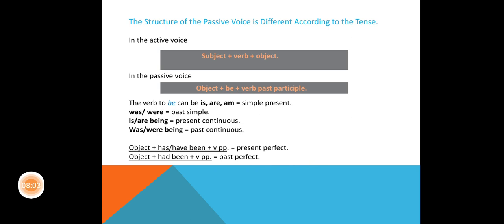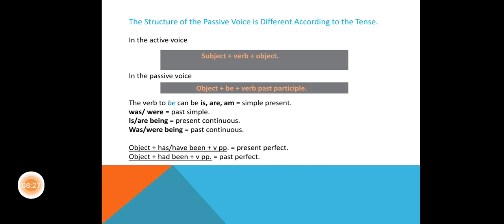Okay, I want you to think of example sentences for this, especially the last ones, present perfect and past perfect. I'm going to give you one example of a present perfect. The teacher has put forward some suggestions. Some suggestions have been put forward by the teacher.